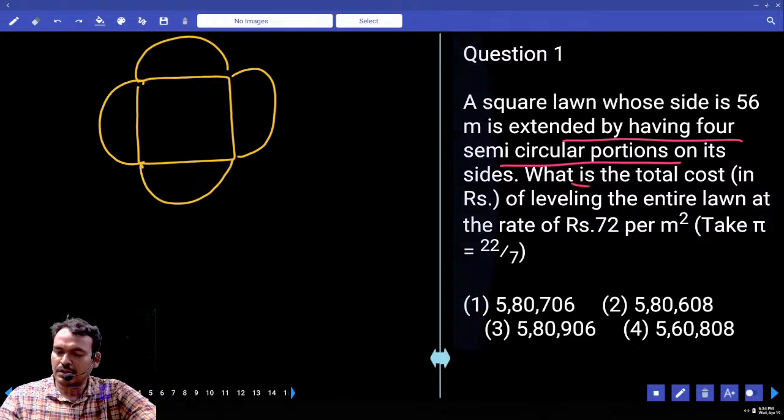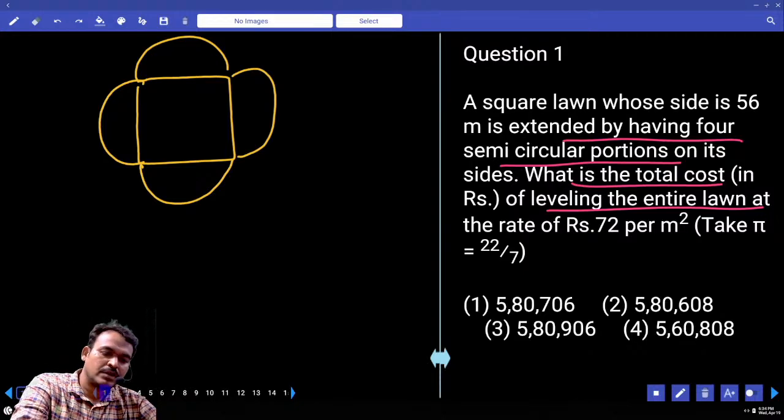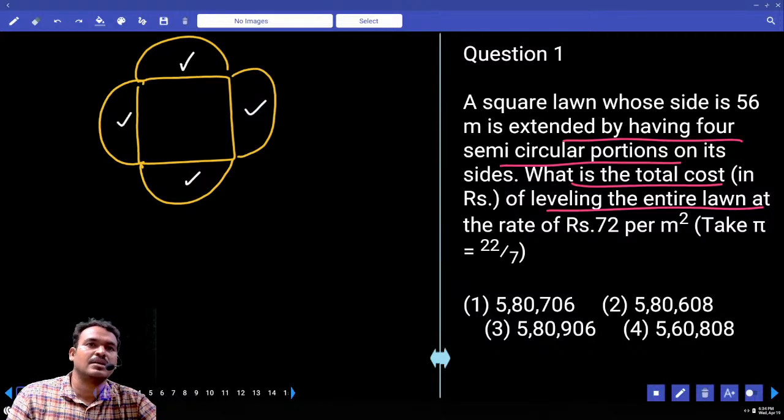What is the question here? What is the total cost of leveling the entire lawn? So we require the area of these 4 semicircles. 4 semicircles are also considered as 2 circles.